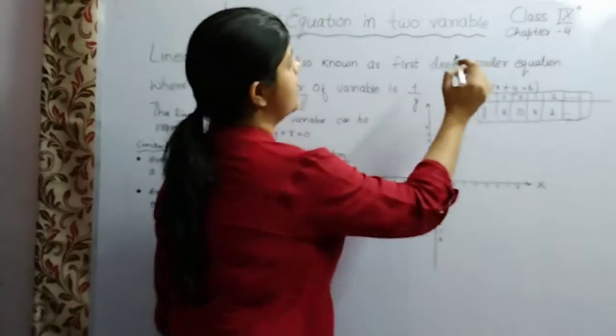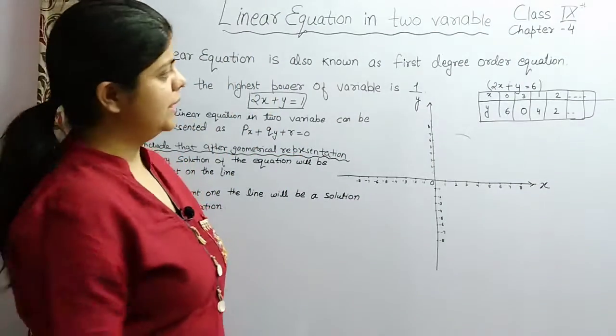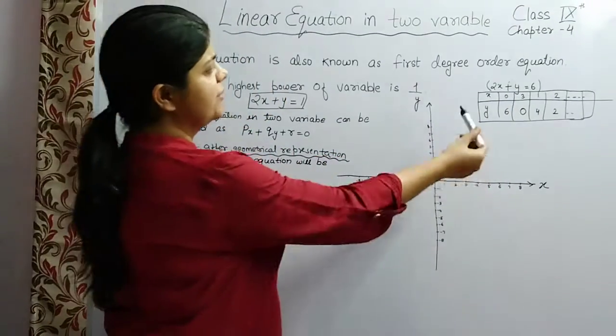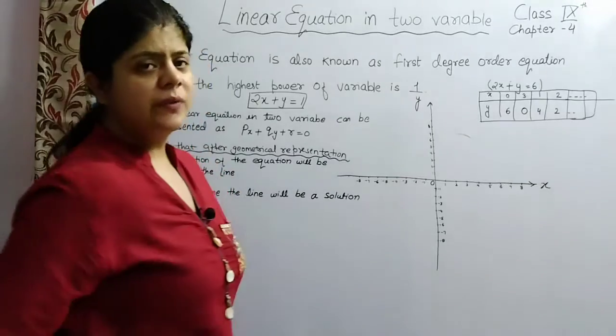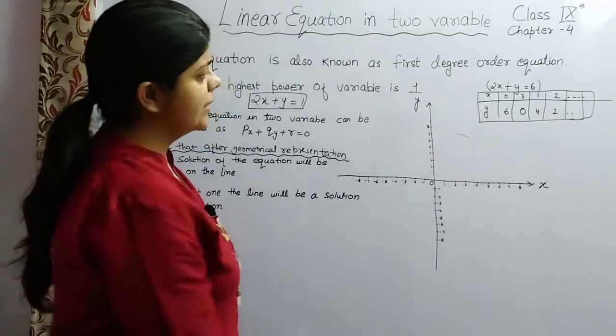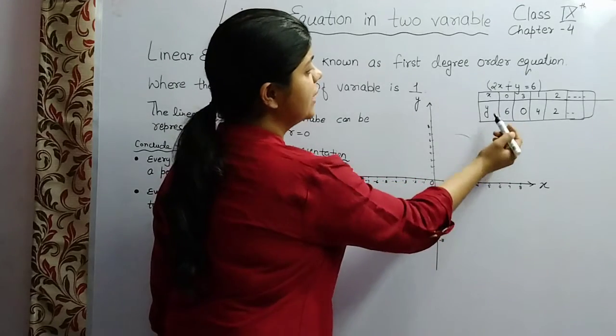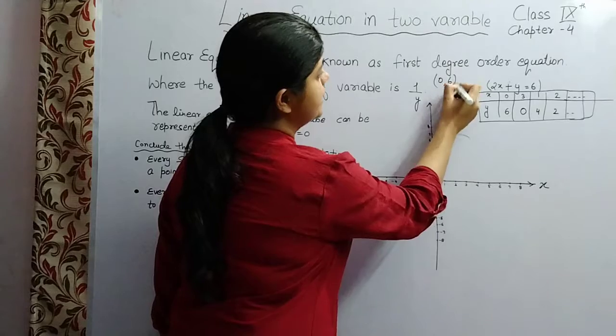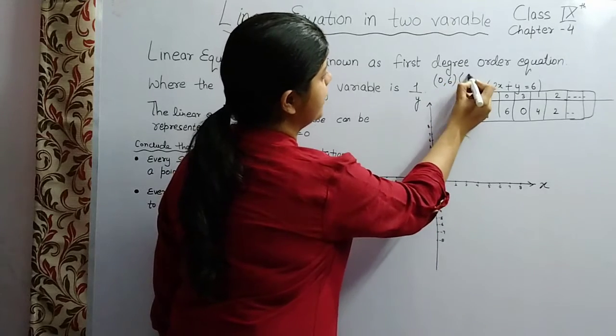This is also an example of linear equation in two variables. We have variables x and y. Let us assume values and take points to see where they lie on the graph. The value of x is 0, here y is 6.